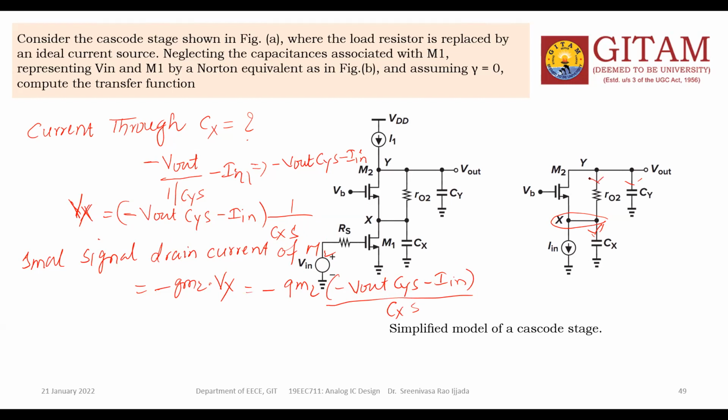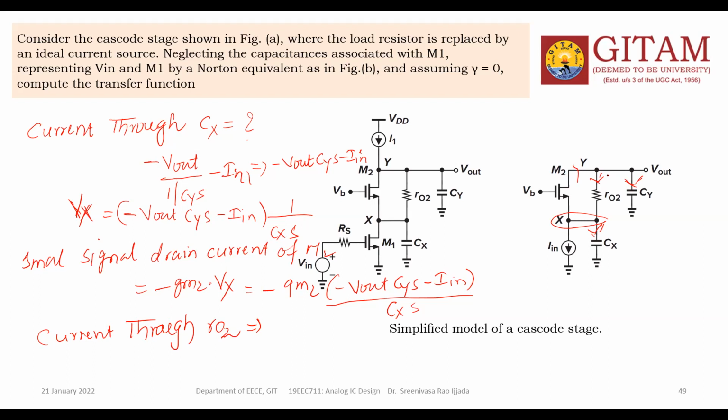So therefore, current through R02 is equal to how much? Because some current is coming like this, some current is coming like this, and some is going this way.